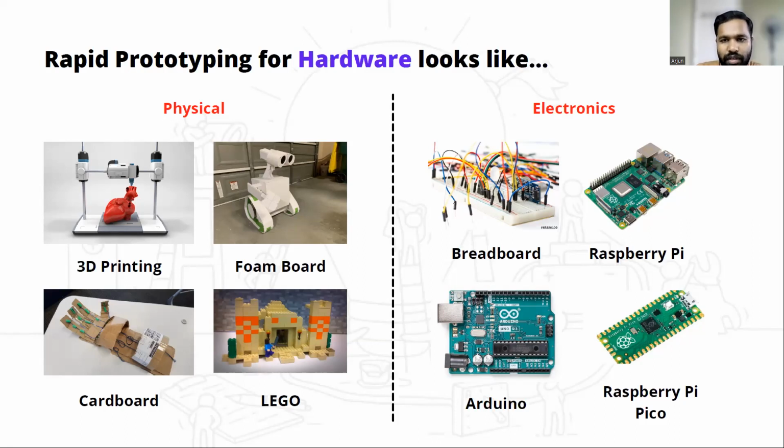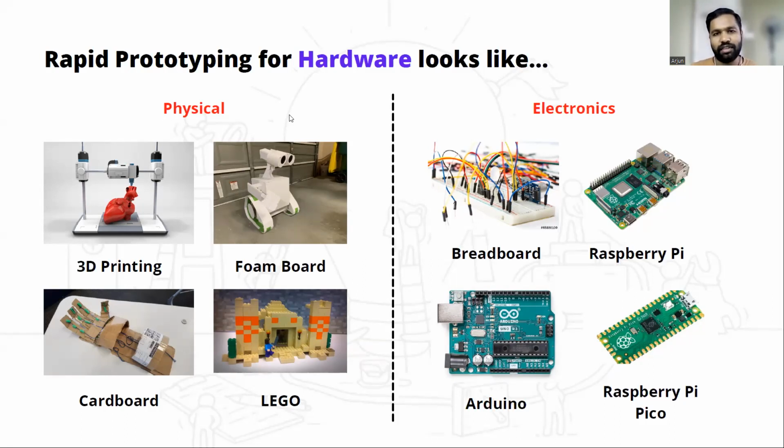And of course, if you want to build anything using electronics, the oldest way of doing prototyping is breadboarding, where you just take a breadboard, you plug different wires into it, and basically test whether your circuit works or not.